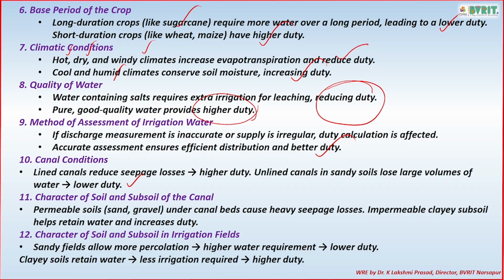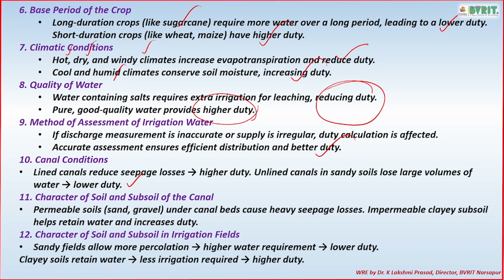Then in such a case duty is very less. If the bed and bank soil is an impermeable or hard soil, then naturally the seepage losses will be very less.